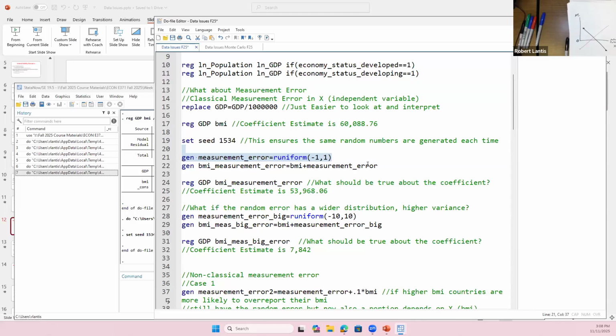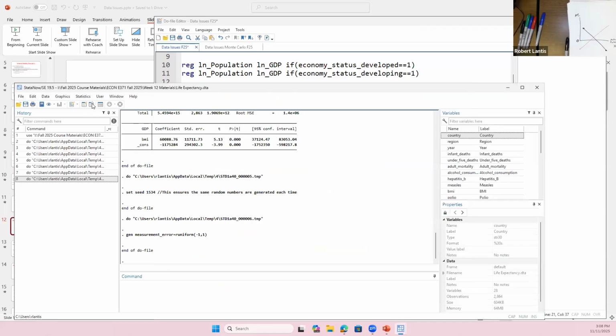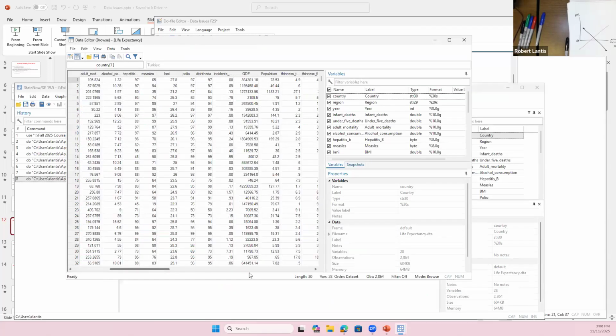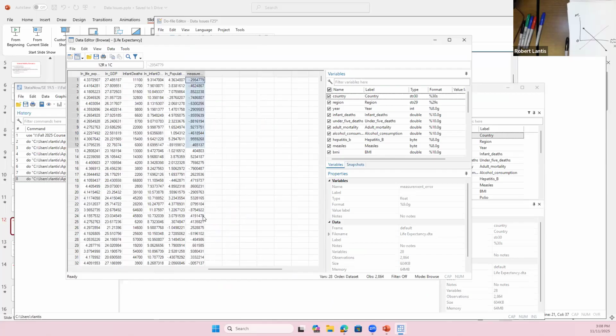I could use a normal distribution if I wanted. I just chose the uniform to start out here. And we'll look at a normal distribution later on. So if I run this line of code and I look at the data, what I've now done is created this measurement error variable where it's somewhere between 1 and -1, right? And it's just random. So this would be classical measurement error. Doesn't depend on the value of BMI.